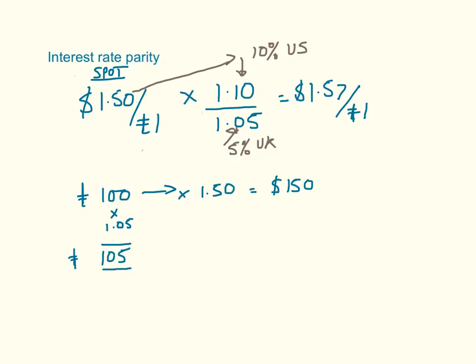Now, if you invested the $150 at 10%, which is the interest rate that you can get in America, you would end up with $165.